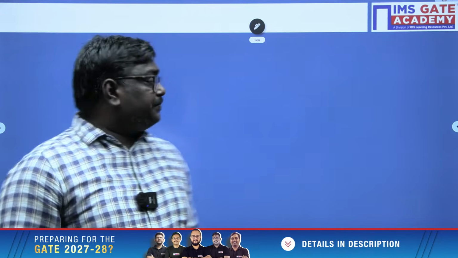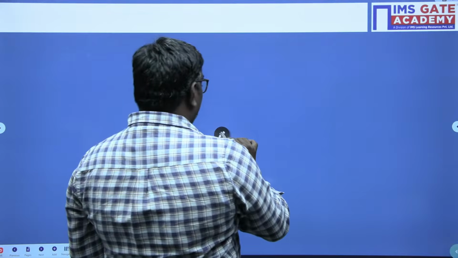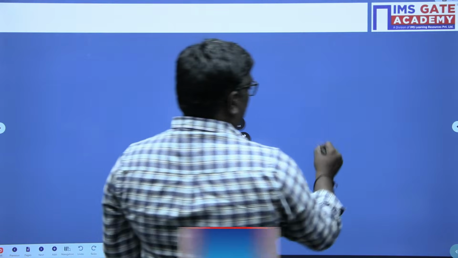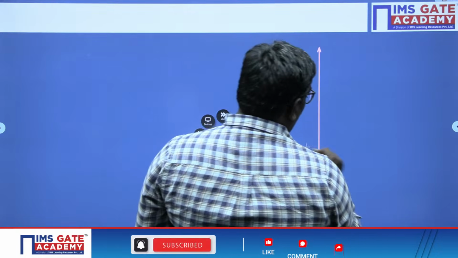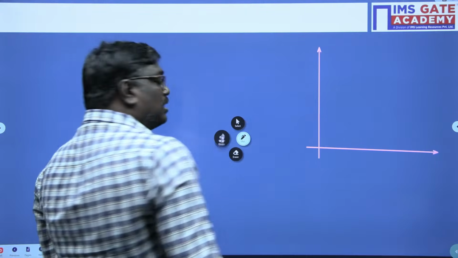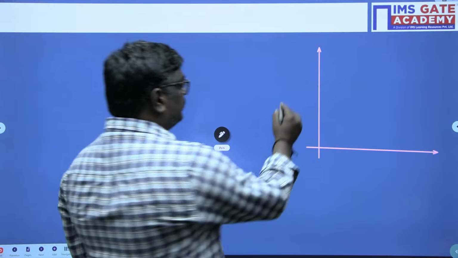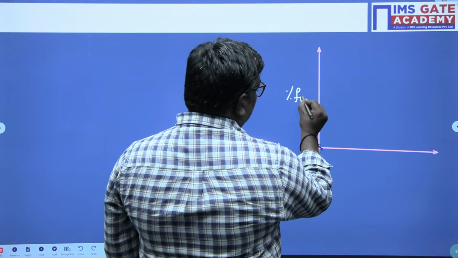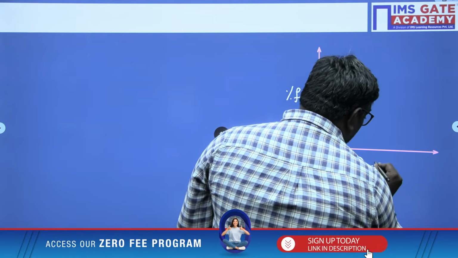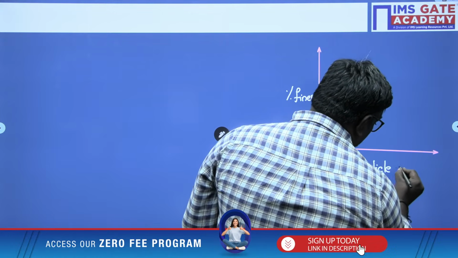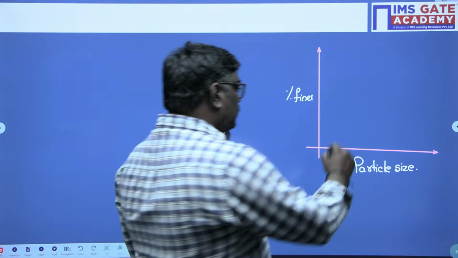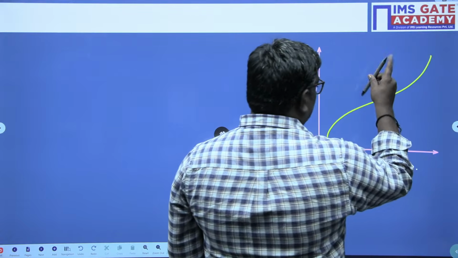Now, my dear students, let us understand some important parameters here. If a graph is drawn between percentage passing, or percentage finer, and particle size, there can be graphs of this kind, sir.